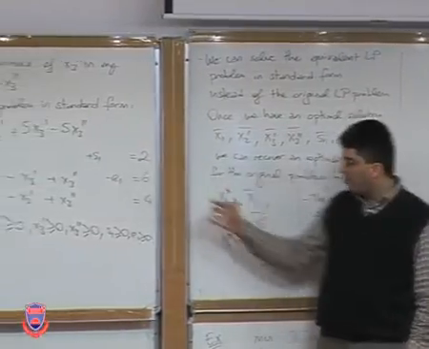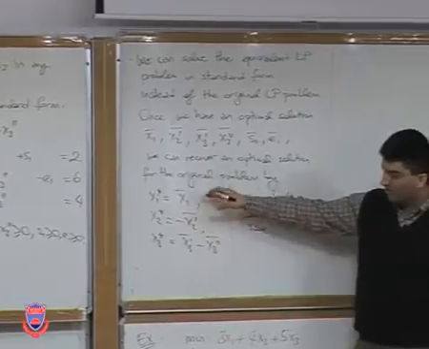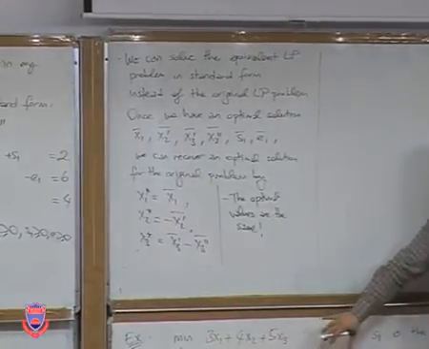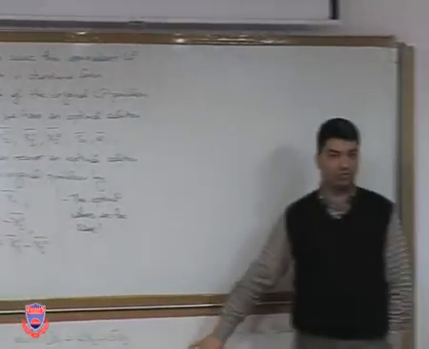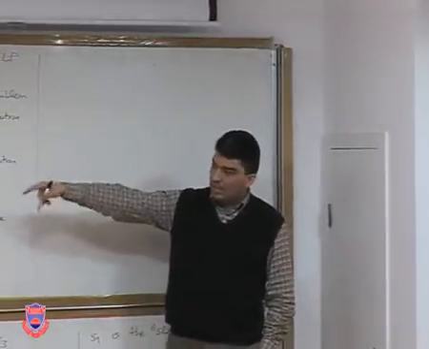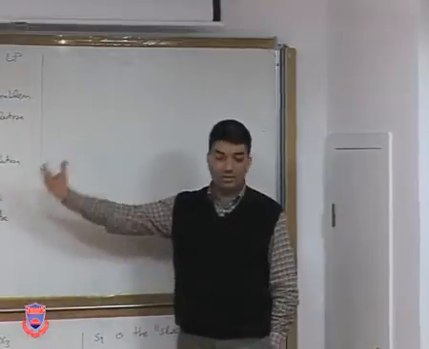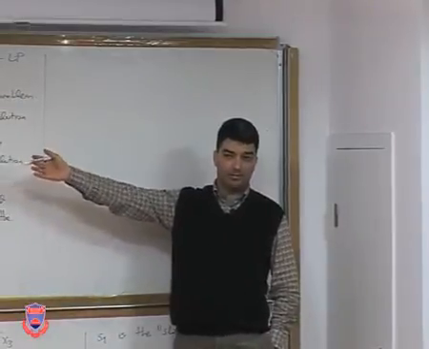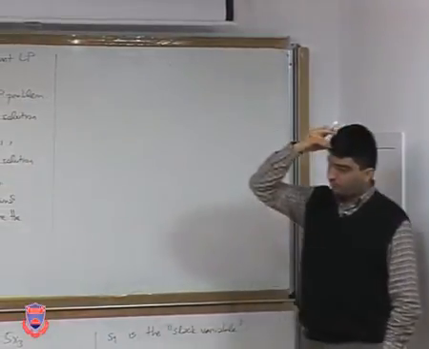Once it has a solution, using these relations it recovers the optimal values of the original problem, and it reports solutions in terms of your original variables. But behind the scenes, it's first turning the problem into standard form and solving that problem instead. Is that clear?